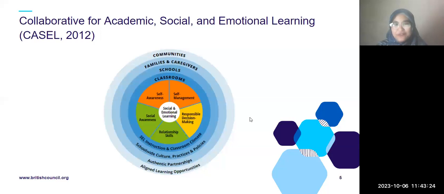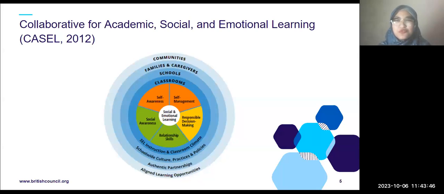So there you go, there is the SEL framework. This is an initiative from an organization called the Collaborative for Academic, Social, and Emotional Learning, shortened as CASEL, I believe in 2012. They made this framework to improve the positive learning atmosphere in the classroom and the school.